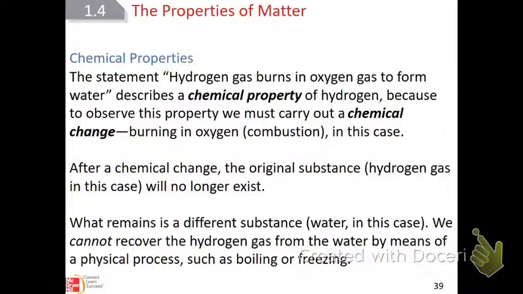When that oxygen does burn, that is a chemical change. The fact that oxygen will cause burning, that is a chemical property of oxygen. When it actually does the burning, that's the chemical change. So please make sure you understand that difference. Okay?